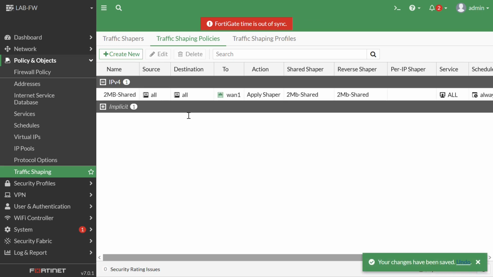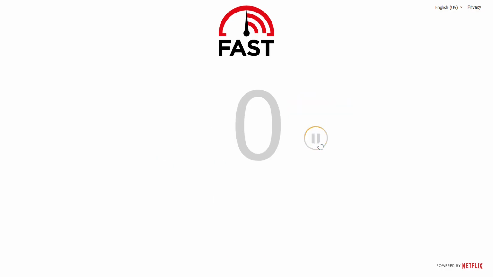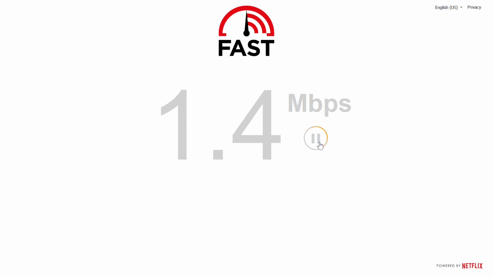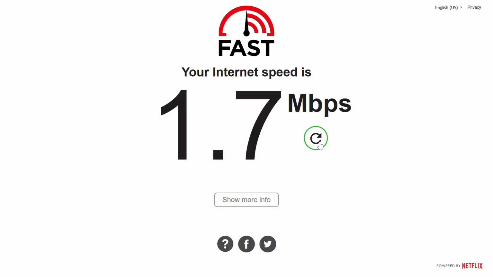We will redo the test again. We configured 1 MB as the guaranteed bandwidth and 2 MB max. We get 1.7, so we can see that we already applied the traffic shaping.